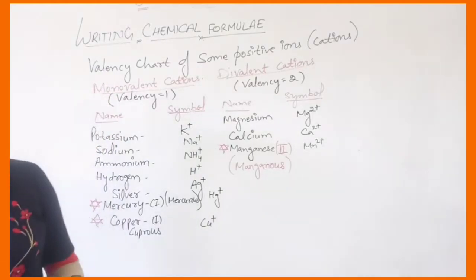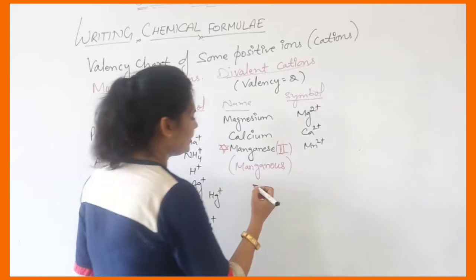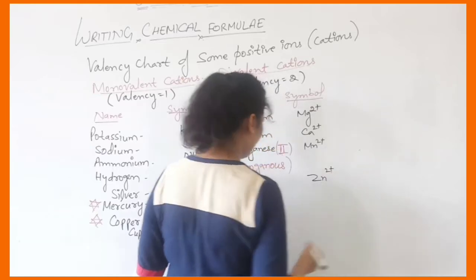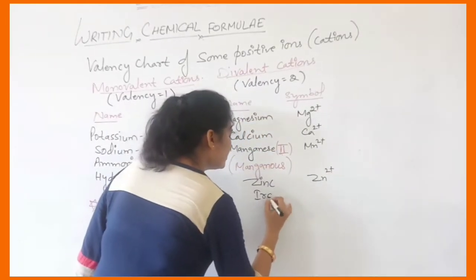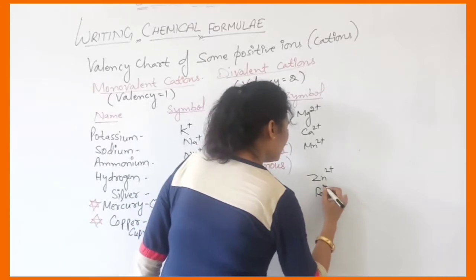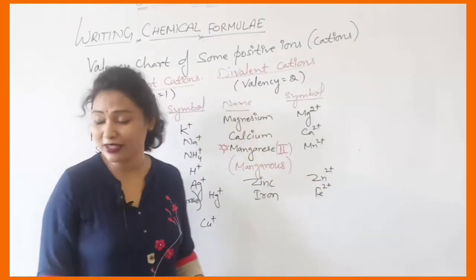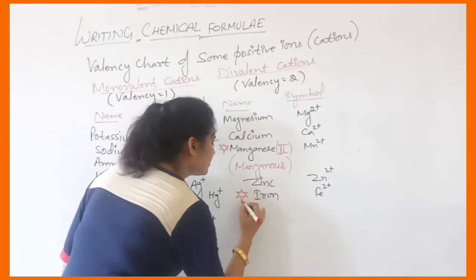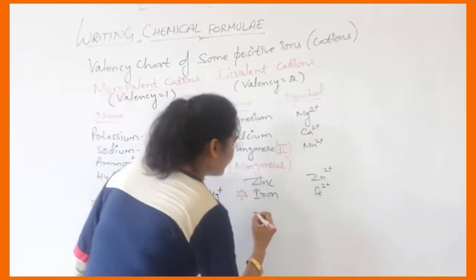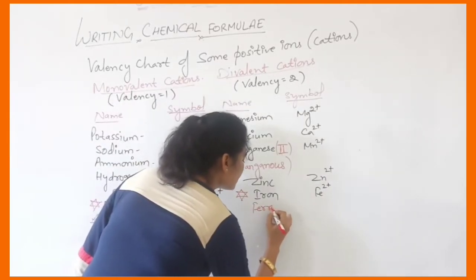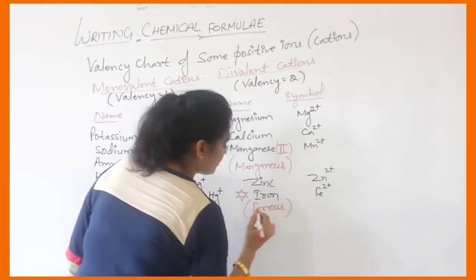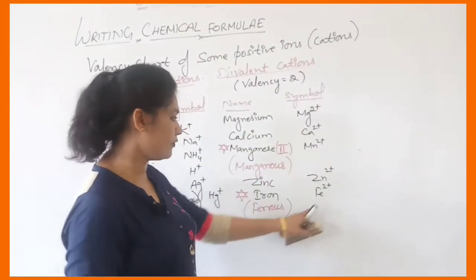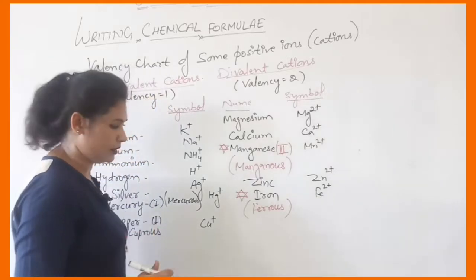Now next we can take zinc, Zn 2 positive, then iron, Fe 2 positive. Iron also has variable valency, so we can make a star here, and here we can write ferrous. Ferrous is the name of this ion and Fe 2 positive is its symbol.